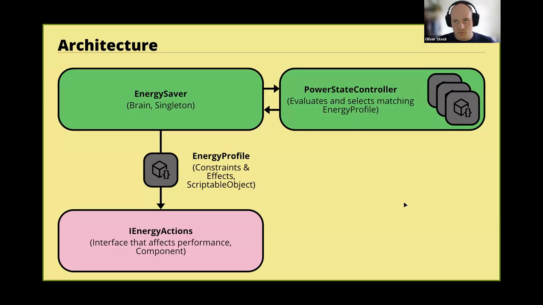I have 4 already in the GitHub repository, but this is an avenue that you could take to write additional energy actions that fit better to your game, because my plugin strives to be a fit for all games, but as you know, some games have special features that you might be interested in saving energy on that are not applicable to other areas.